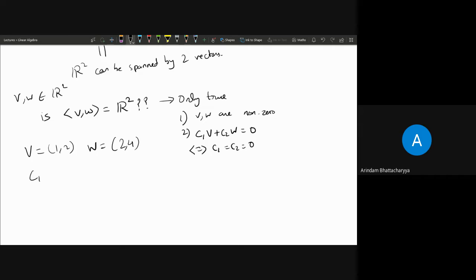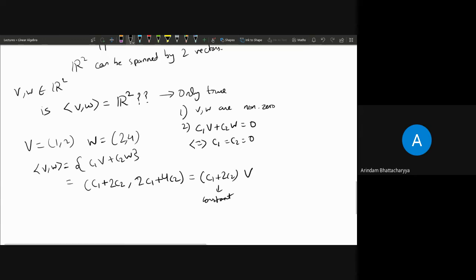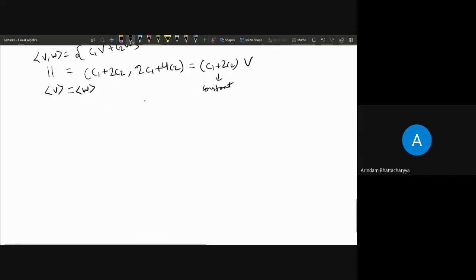Then the span of V, W looks like c1V plus c2W, which is (c1 plus 2c2, 2c1 plus 4c2), and this is just a constant times V, right? Which is why this thing is the same as this, and so on. So something goes wrong when we have multiples, right?